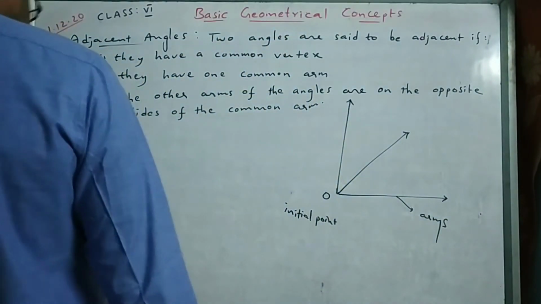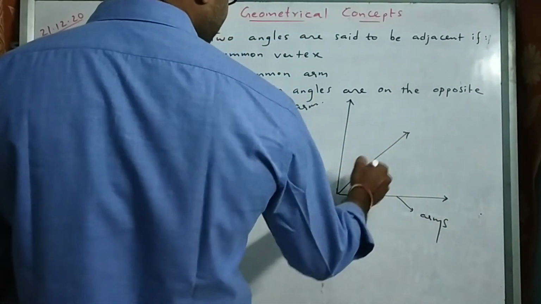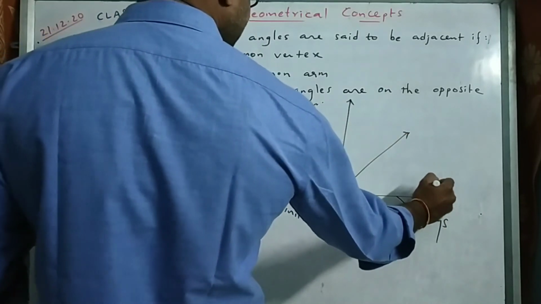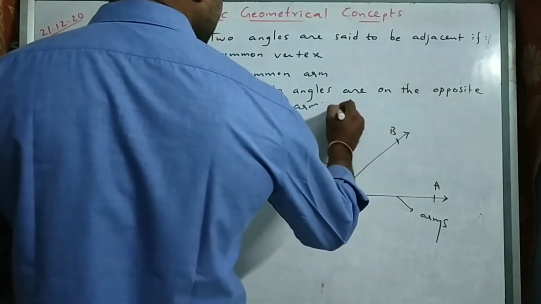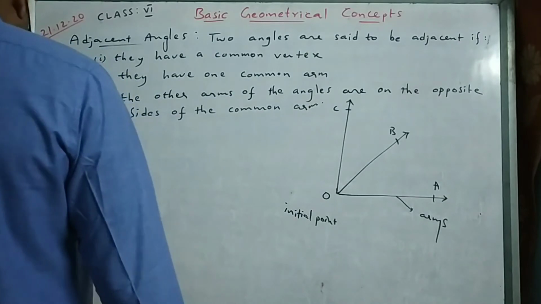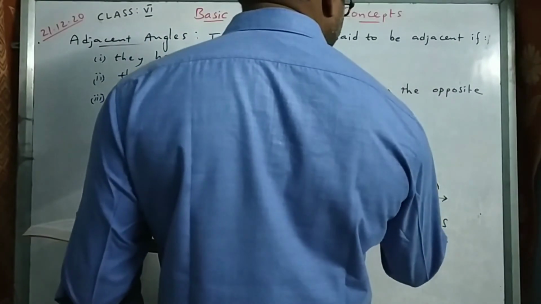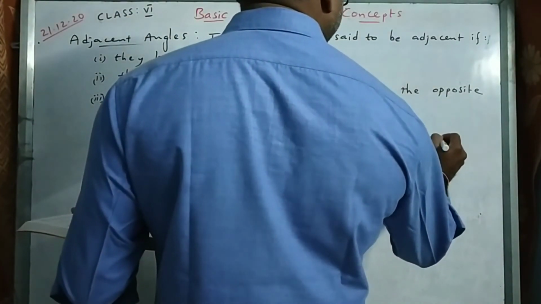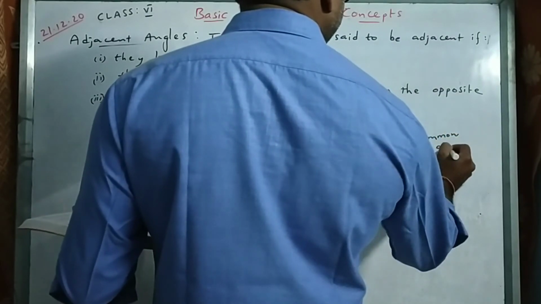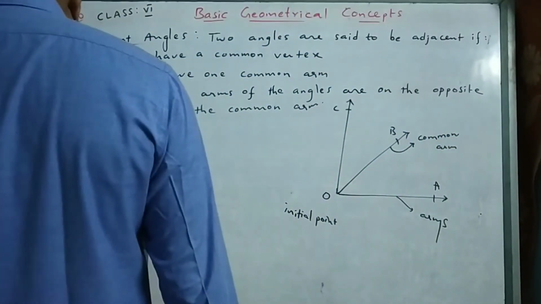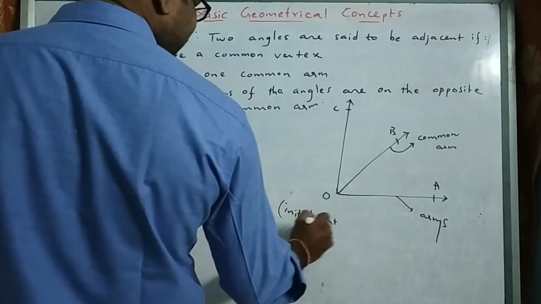See, they have common arm. This is A, B, C. OB is common arm. Common arm for both OA and OC. This is called common vertex also.